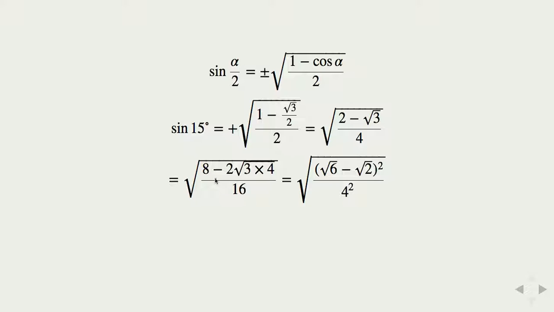That would be 16. That would be 8 minus 2 times square root of 12, and it happens to be this square. All right. So they're identical. You can verify that by just expressing out the square. Do some algebra steps. You're going to get the same result.